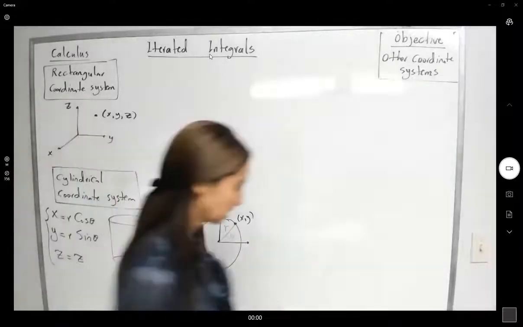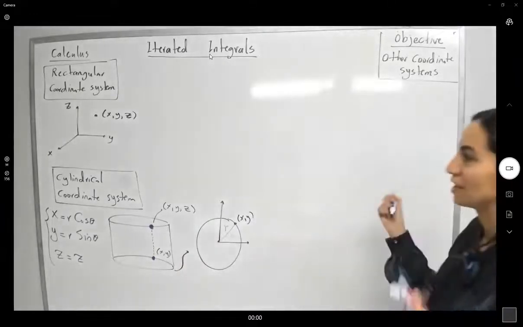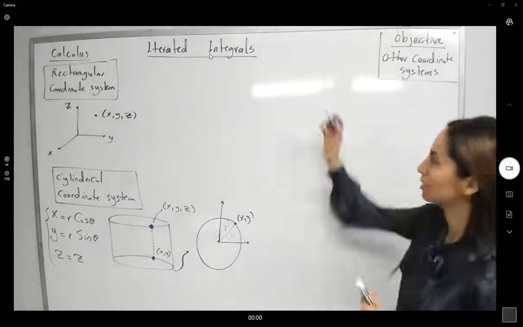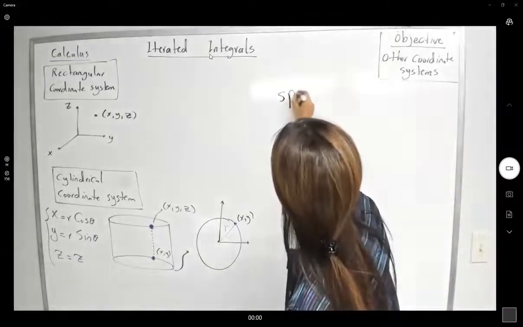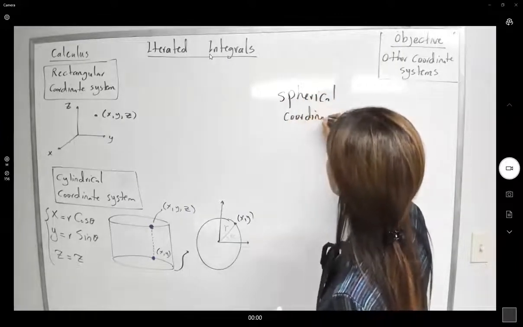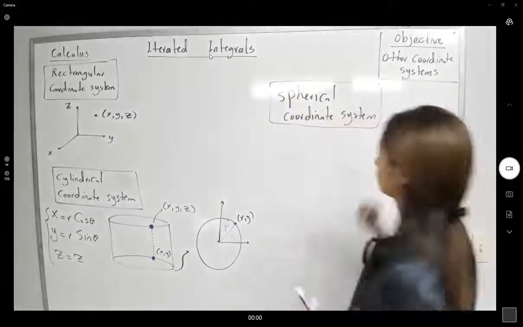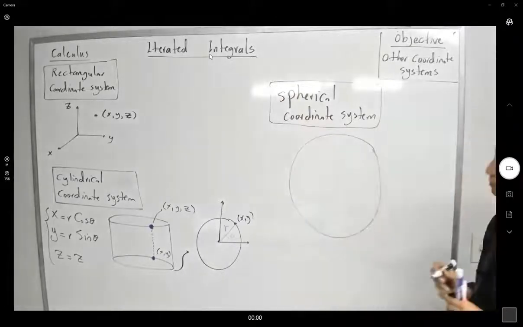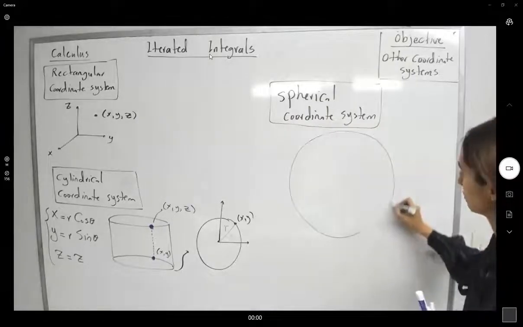Now, we say that, well, we have the third coordinate system, which we call the spherical coordinate system. It has more variables. In the spherical coordinate system, we say that, hey, our object is moving along a sphere. Let us have a huge sphere here, and our guy is moving along this sphere.